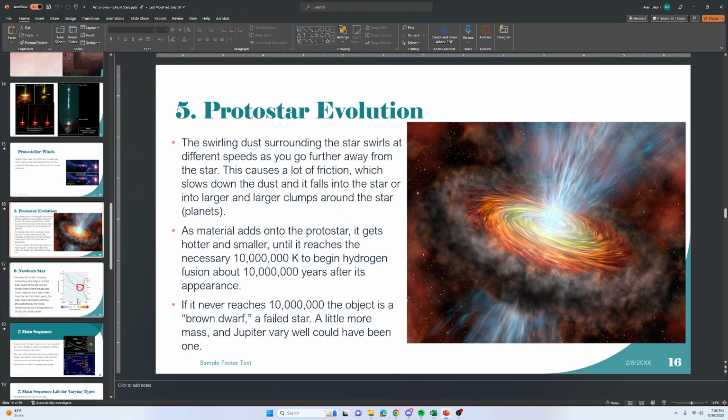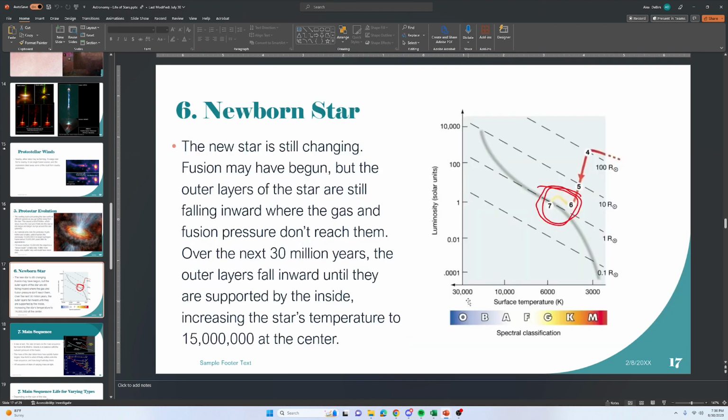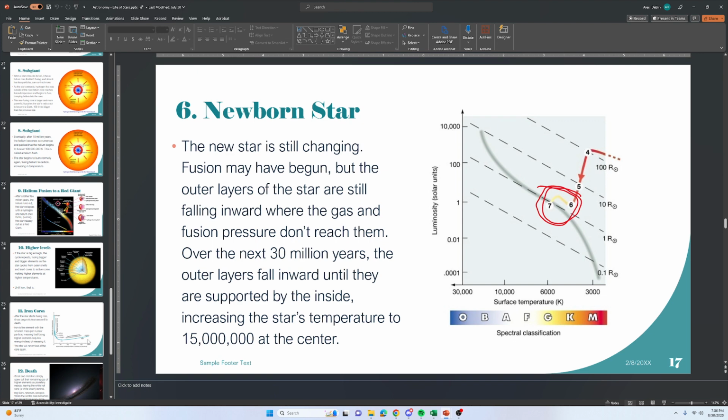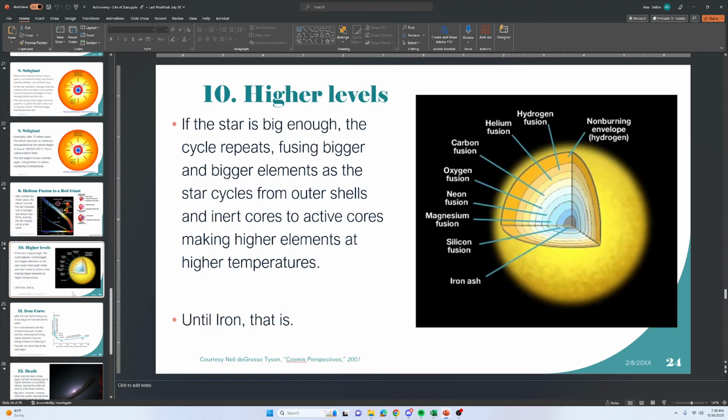Okay, so there's the protostars. Okay. Let's see.